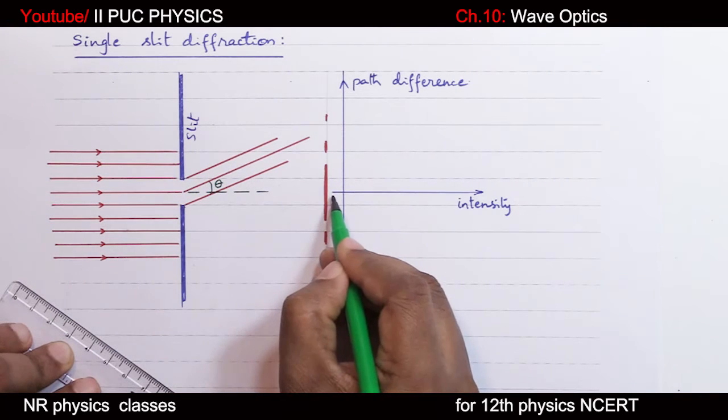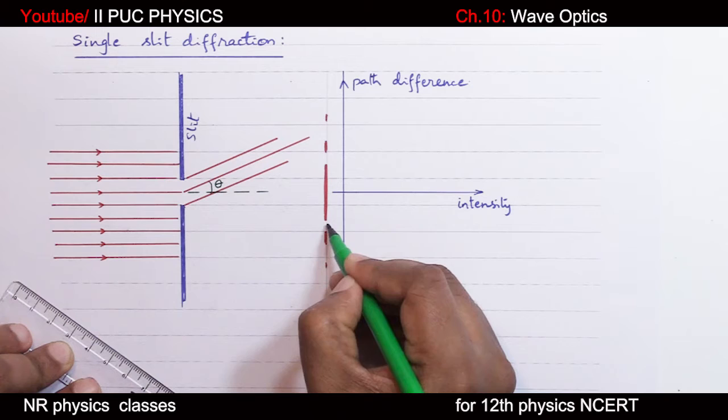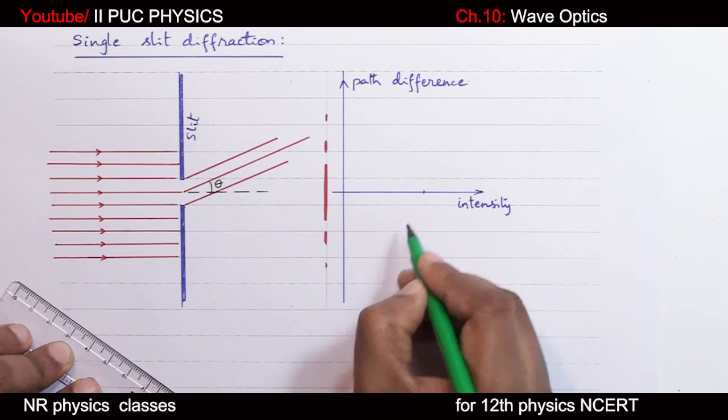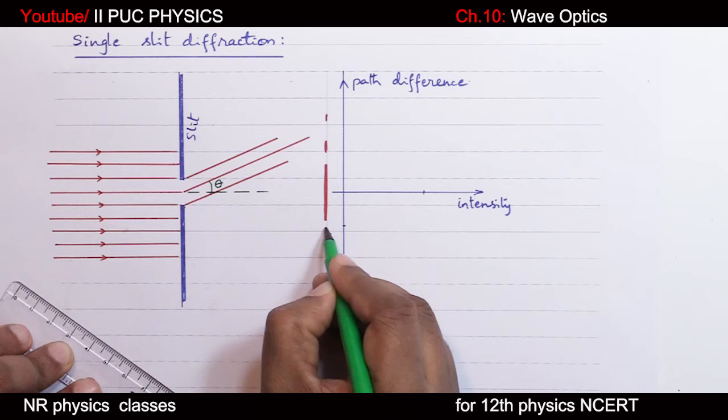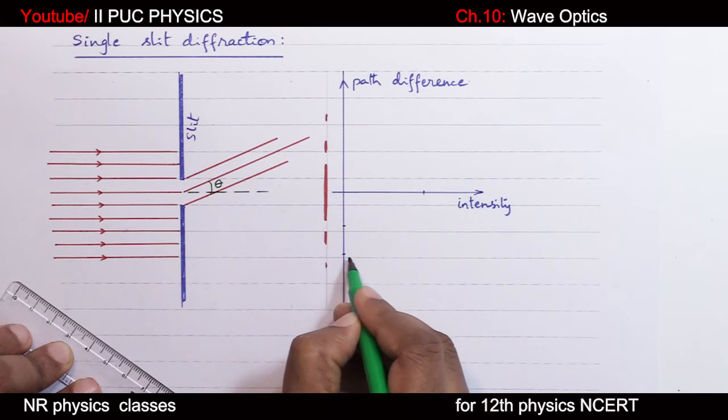Intensity is maximum at the center. On either side, intensity decreases. Maximum. Minimum intensity is at minimum. First minimum. Second minimum.